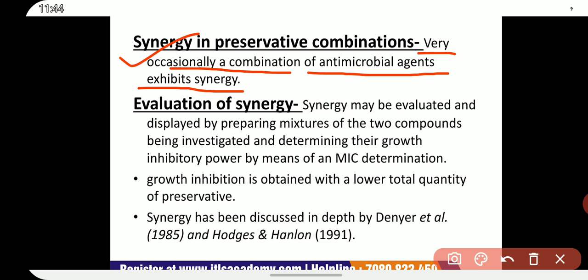That is, it is applied against only one microorganism and not on a group of microorganisms, and it is exhibited when a combination of two compounds exerts a greater inhibitory effect than could be expected from a simple additive effect of the two compounds in the mixture.